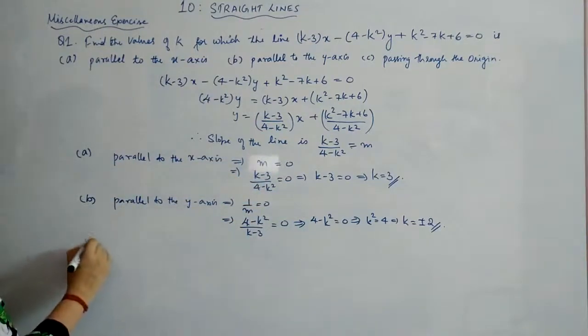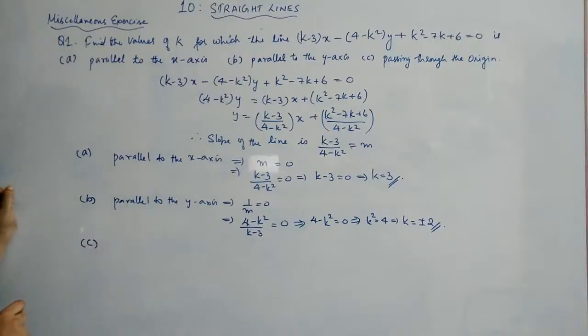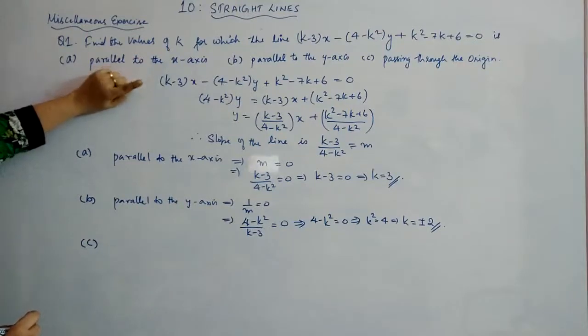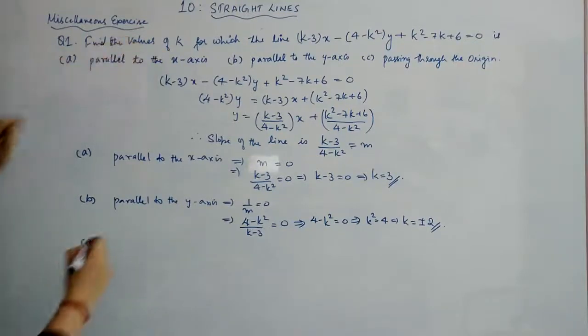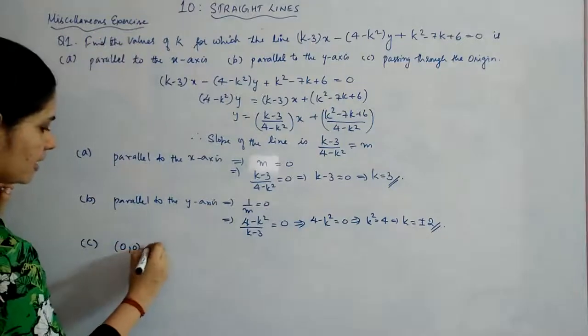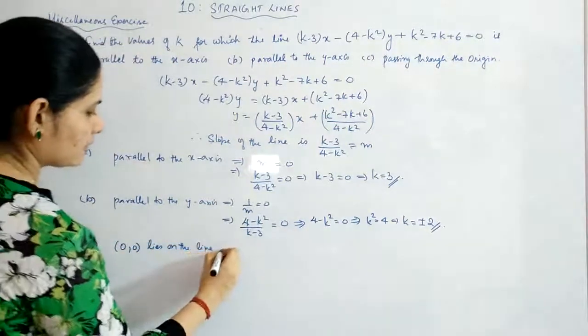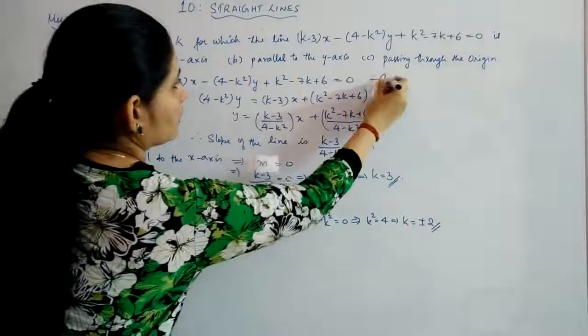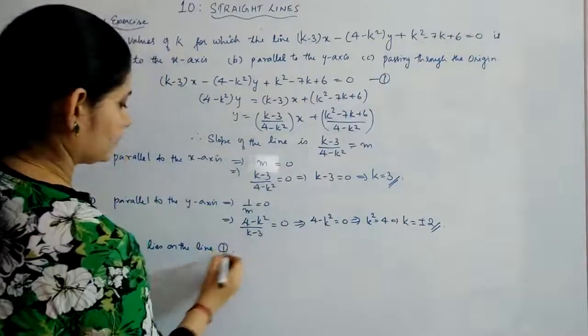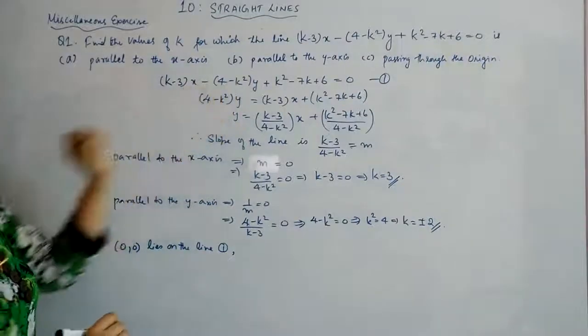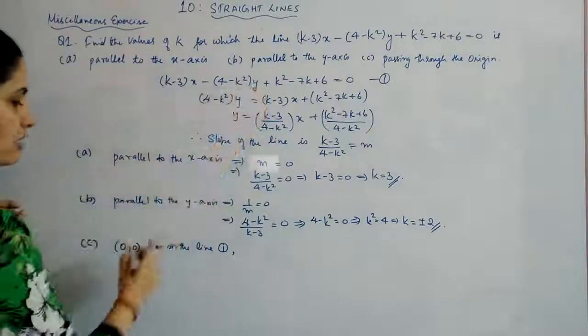Now the third part is when it passes through the origin, what will be the value of k? Passing through the origin means the equation of the line is satisfied by (0, 0), that is, (0, 0) lies on the line. So you can just replace x and y with 0 and 0.